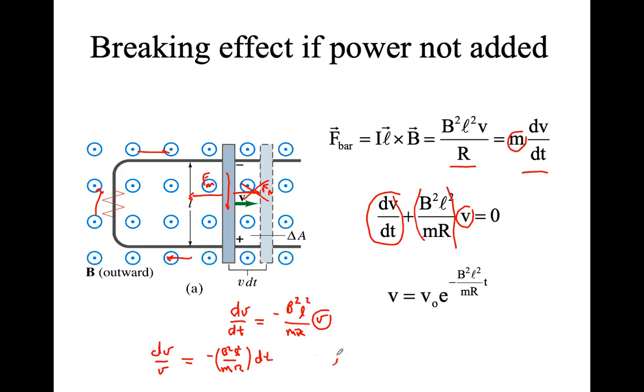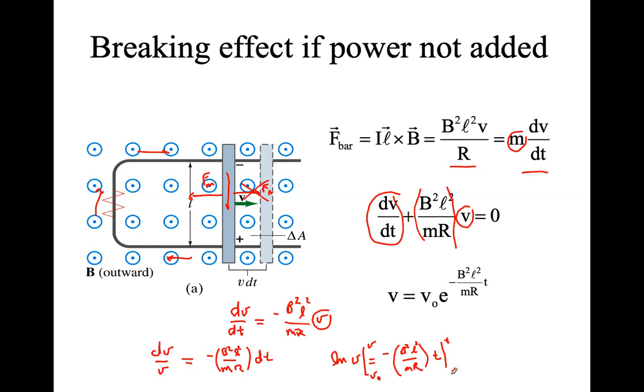If I integrate both sides, I get the natural log of the velocity is equal to those constants, B squared, L squared over mR times time. Okay, and to be fair here, I think what I did is I integrated from an initial time to a final time, and I had an initial velocity to a final velocity.